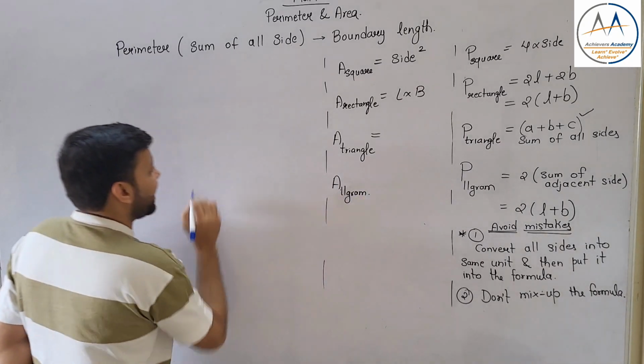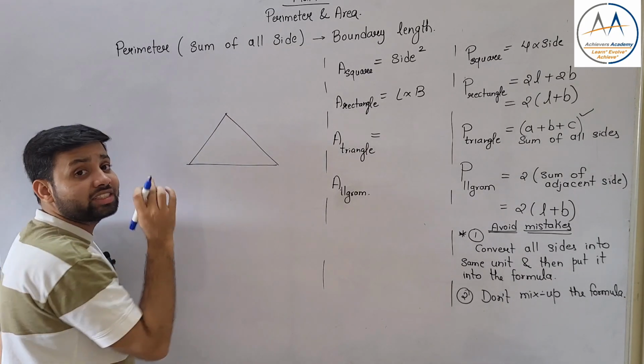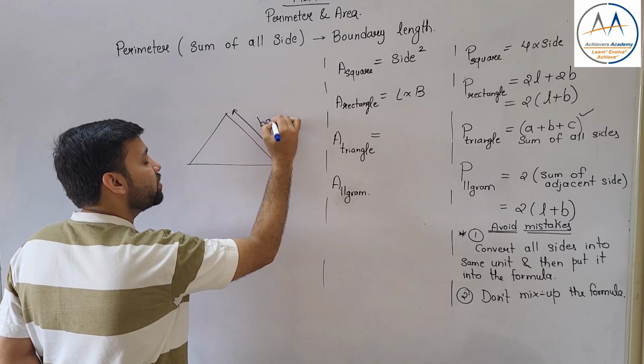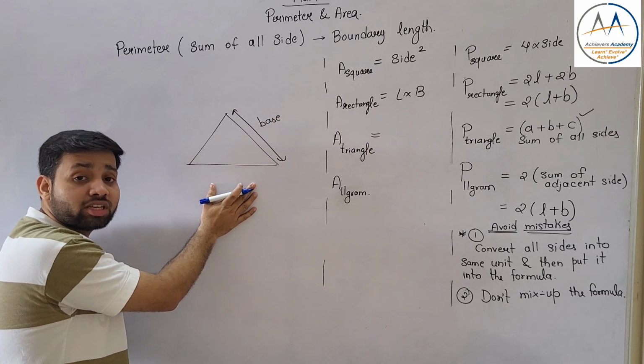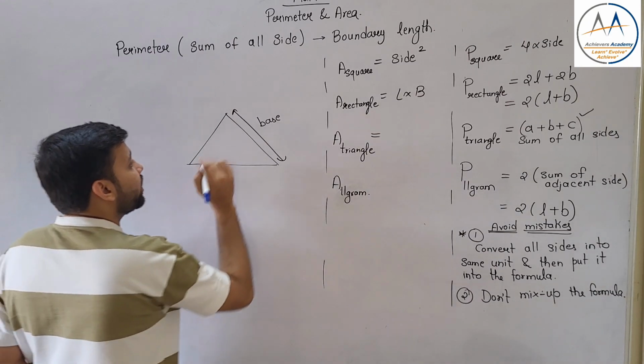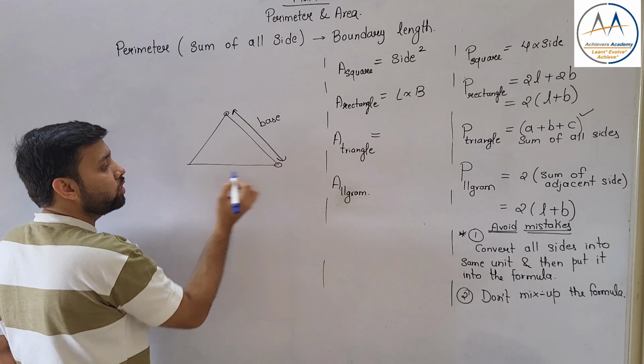So let's draw a triangle. Whichever side you call the base, that can be the base. The triangle is kept on this side and you're calling this the base. The important point is that the base includes only two vertices.